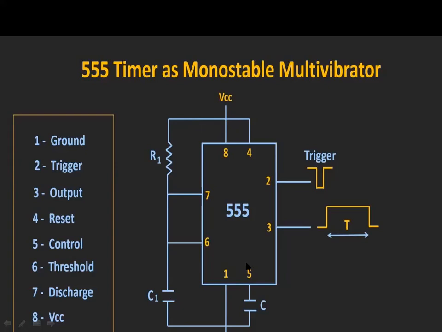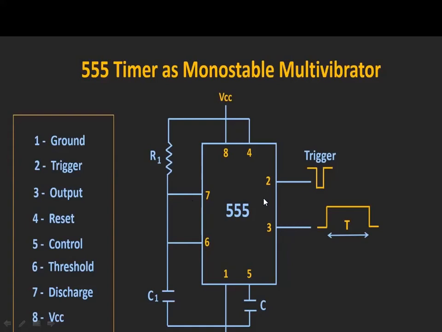Whenever we use this monostable as a pulse width modulator, we give the input signal, the message signal, to this fifth pin; or else it will be grounded with the help of a capacitor. Then the sixth pin is the threshold pin, which is shorted to the seventh pin, the discharge pin. Now we are going to take the output at the third pin.